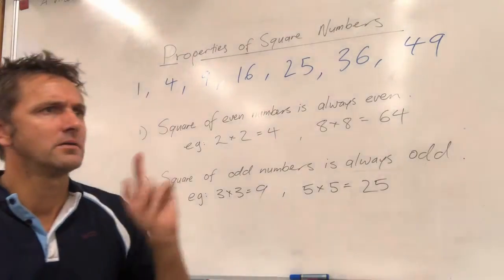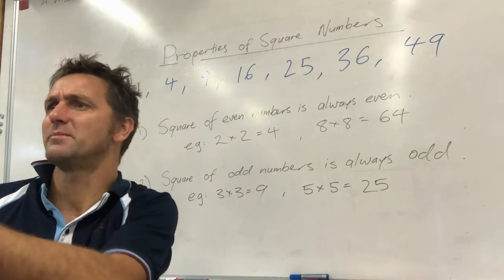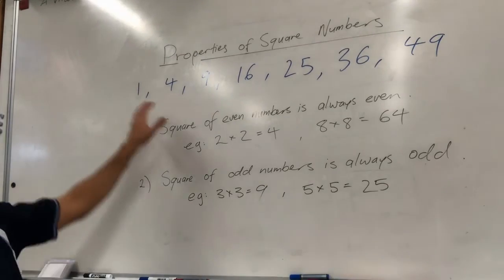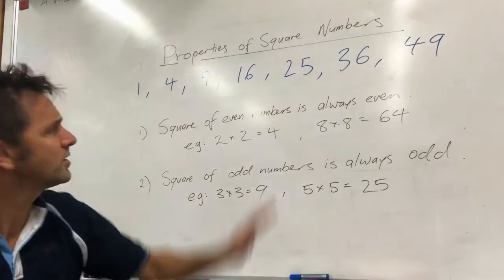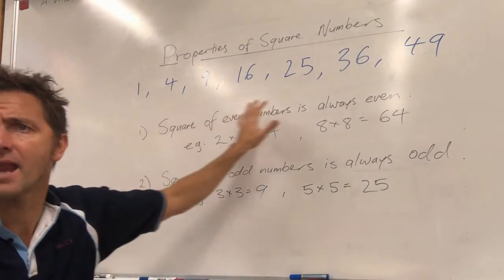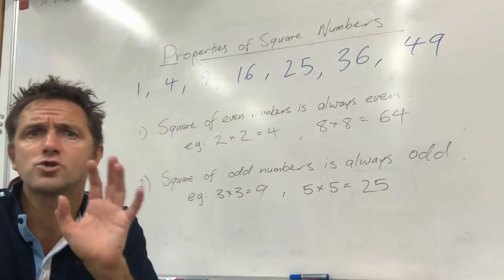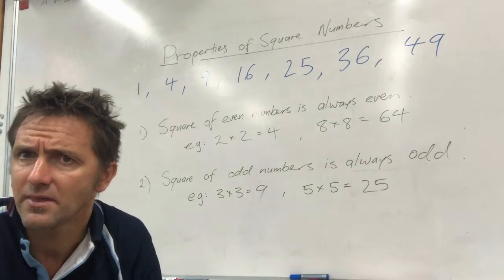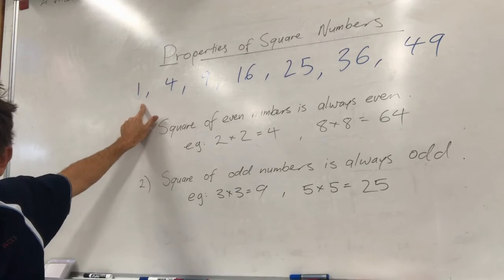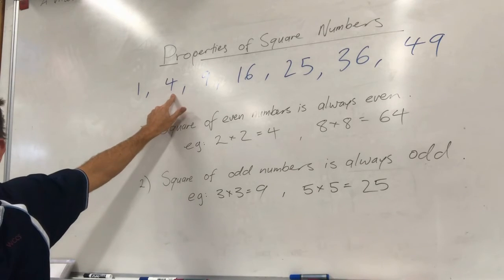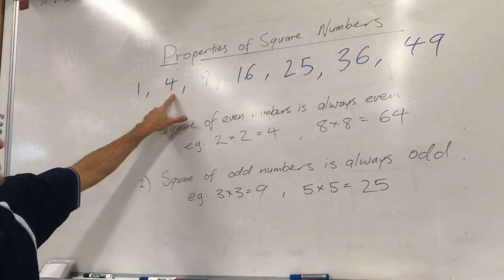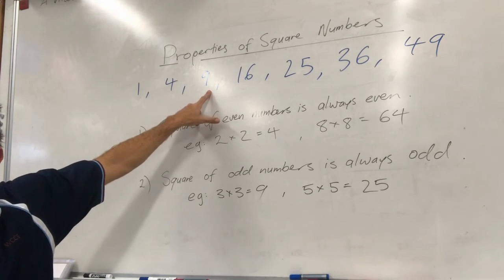Time for a question. Jacob had a question: hey, aren't all these even numbers? No. All these numbers in blue are the consecutive square numbers. Remember we just drew out those squares? The first square had 1 dot. The second square had 4 dots. The third square had 9 dots.